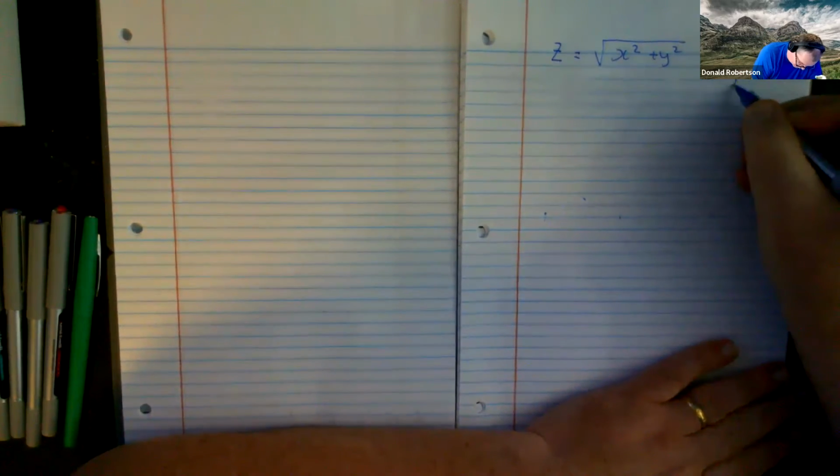Okay, so suppose I have a function z and it's equal to the square root of x squared plus y squared. And x happens to be sine t and y happens to be e to the t, right? Keep it nice and simple to start with. In this question here, you would only be asked, because there's really only one question that makes sense, to find the derivative with respect to t.